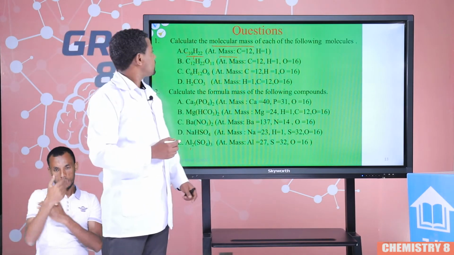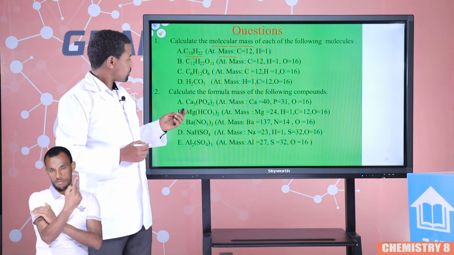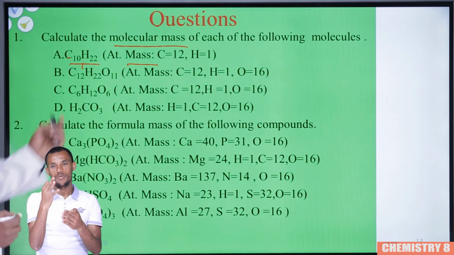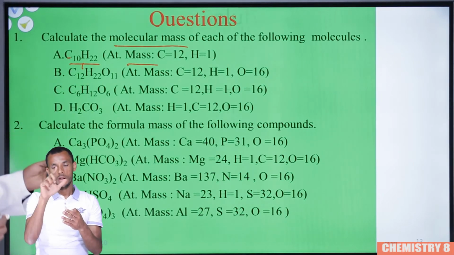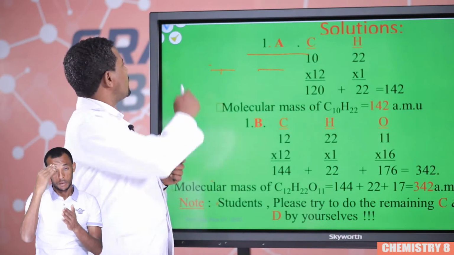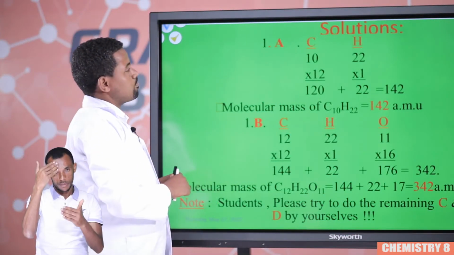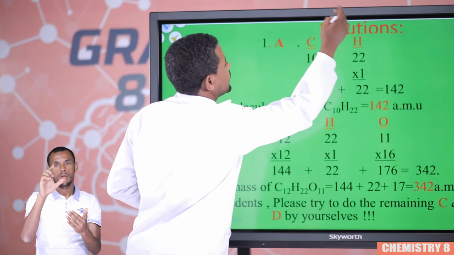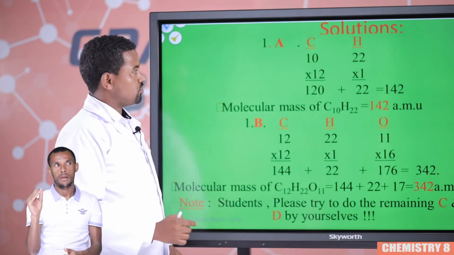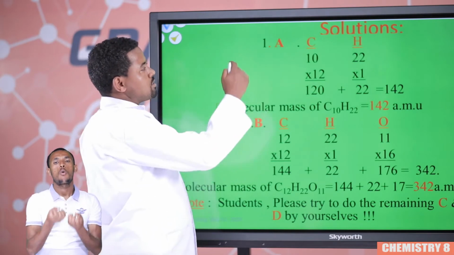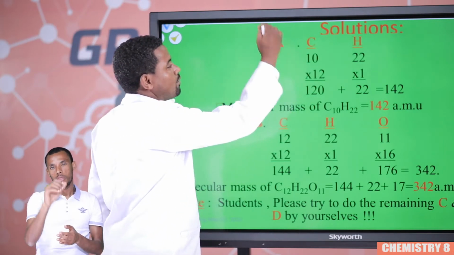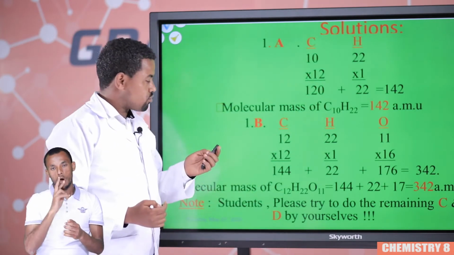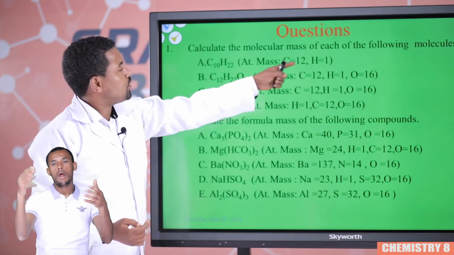Let's see some examples for each. Look, in case of decane, as you remember the steps, what are the elements in decane? These are carbon and hydrogen. How many atoms of carbon are there? 10 atoms of carbon, 22 atoms of hydrogen. You are also given the relative atomic mass of each element in the bracket.